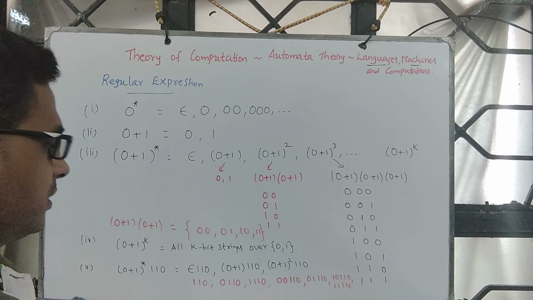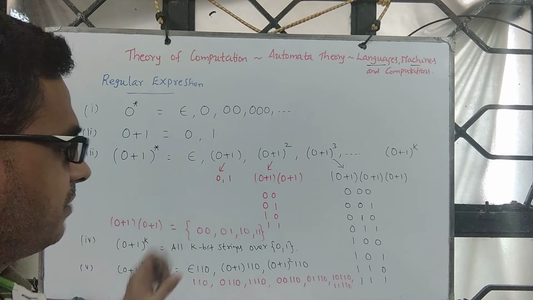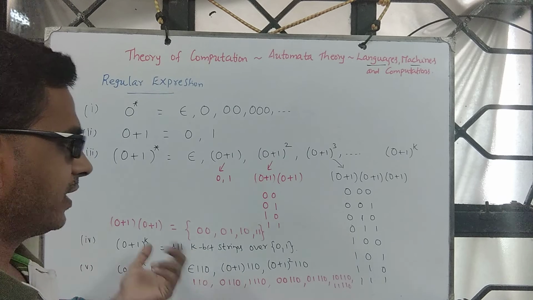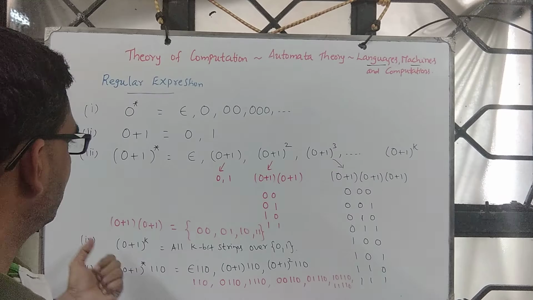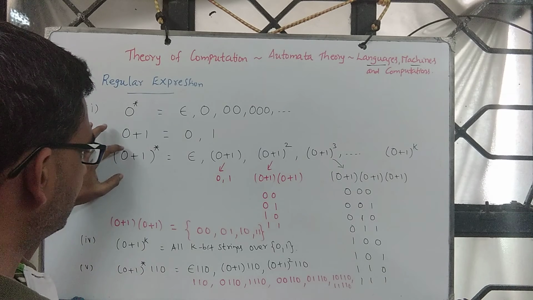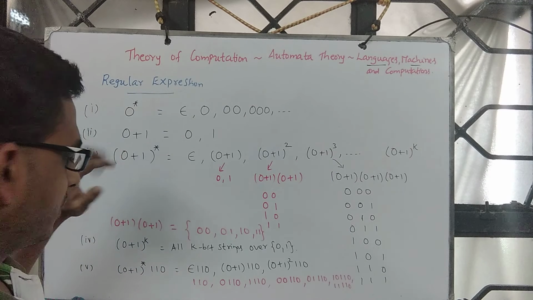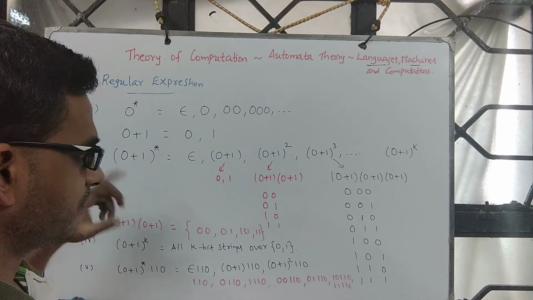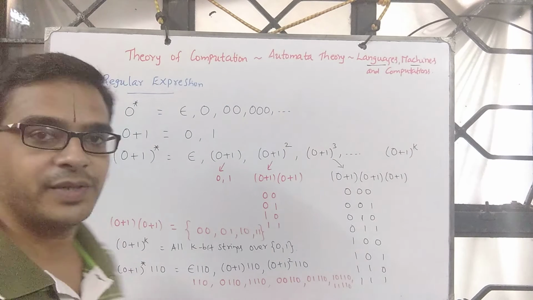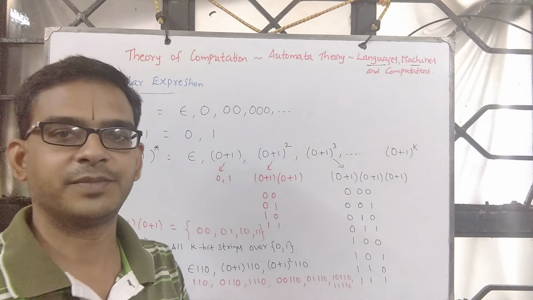Now, this is how things come when we look at an arbitrary expression. So now that we have understood how closure, concatenation, and the OR operator work, let's look at some specific examples.